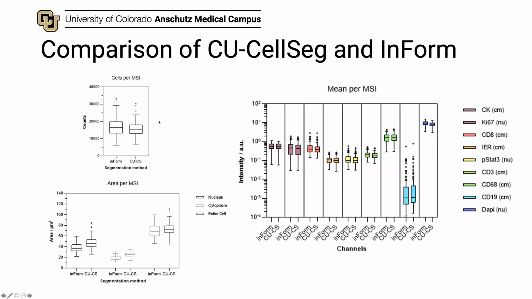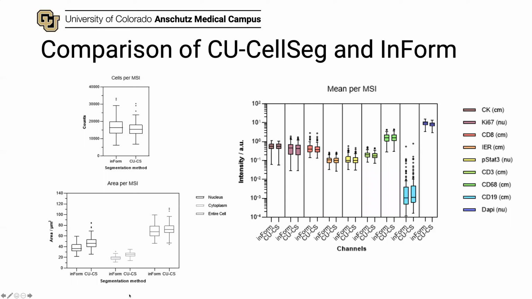Okay, so we took some images imaged on the Polaris and put them through the Inform software that we're using for all of our multiplex IHC image analysis. We compared it directly to those same images put through CU-CellSeg as a platform. We get a very similar number of cells in terms of total counts.